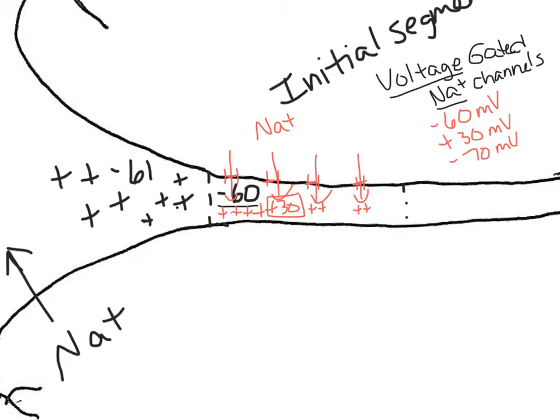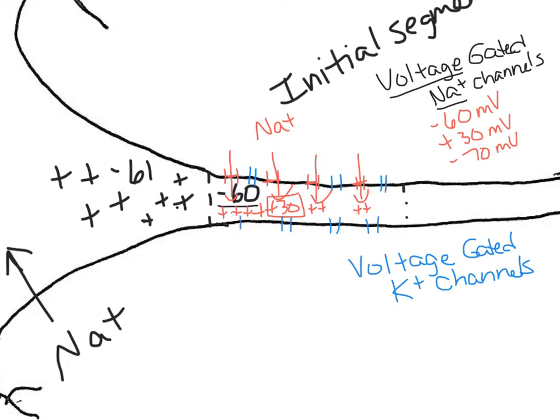But then we have some other voltage-gated channels, and those voltage-gated channels are potassium. So now we have voltage-gated potassium channels. They're also all over the axon. And the voltage-gated potassium channels are sensitive to voltage too.